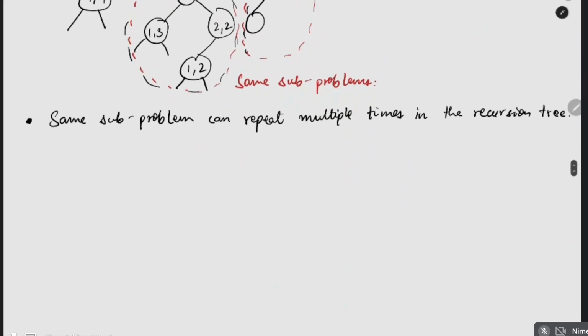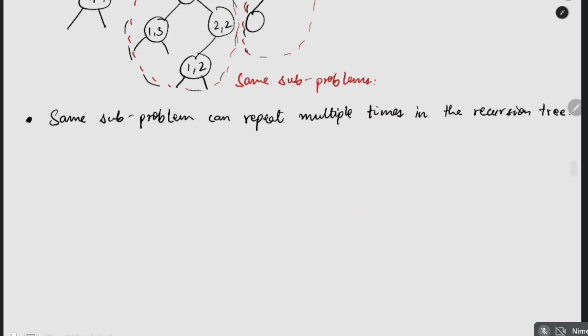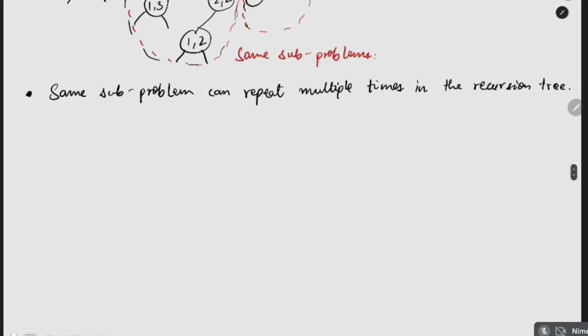So to speed the overall algorithm up, what we do is we perform what we call memorization. And what effectively is memorization?